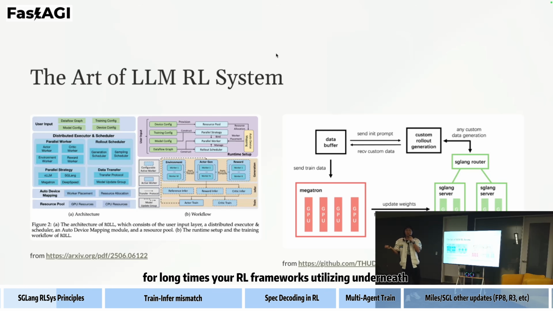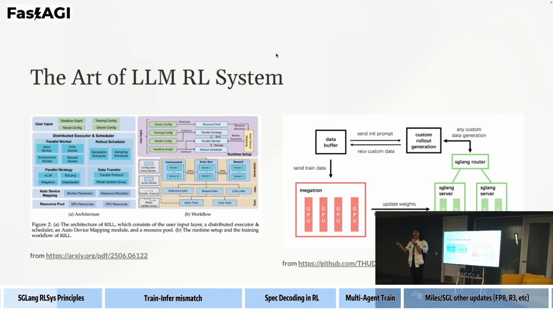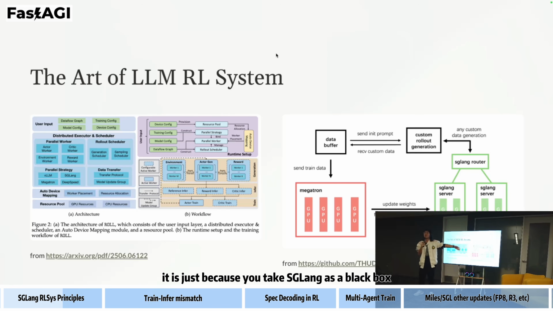For a long time, some RL frameworks utilized SGLang's underlying components, like the model runner, the SGLang engine, or even the asynchronous SGLang engine. But these components involve lots of invasive changes to the main repo. We want users to use the SGLang router, because you take SGLang as a black box and do not do anything more invasive to it.